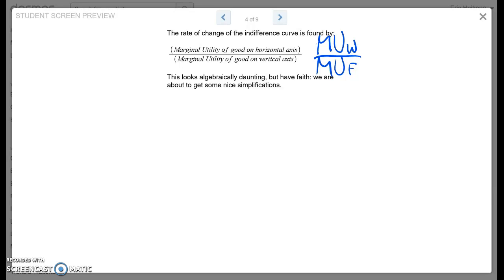To do that, we're going to put the marginal utility of the good that was on the horizontal axis, which in our case was water, divided by the marginal utility of the good that's on the vertical axis. In our case, that was food. Okay, so I'm going to go ahead and write it out over here. I'm going to pause it while I write, and then I'm going to go through how to simplify it. It looks scary, but it actually simplifies very nicely.